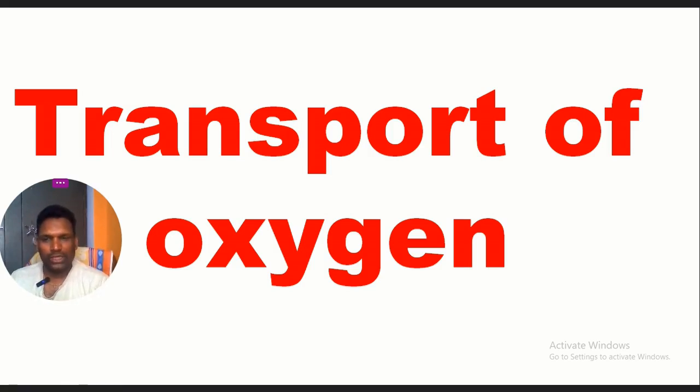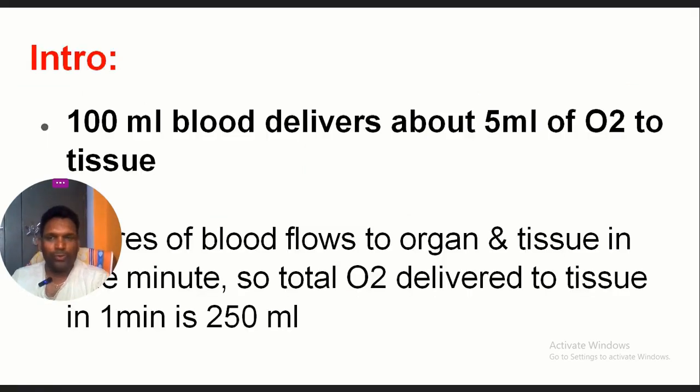Very, very important. Once again, I'm informing you, every time in the body, 100 ml of blood delivers about 5 ml of oxygen to the tissues. Okay, the statement is clear.